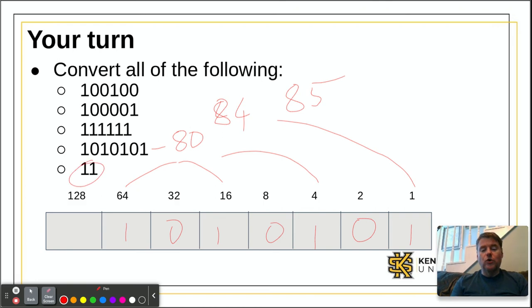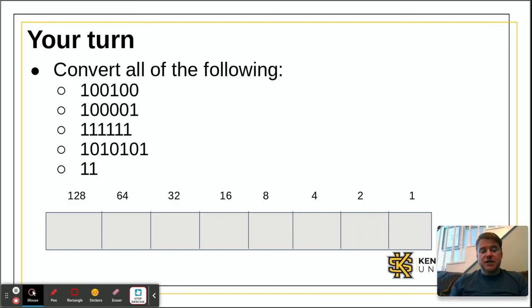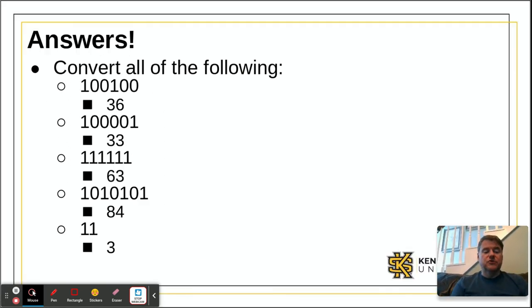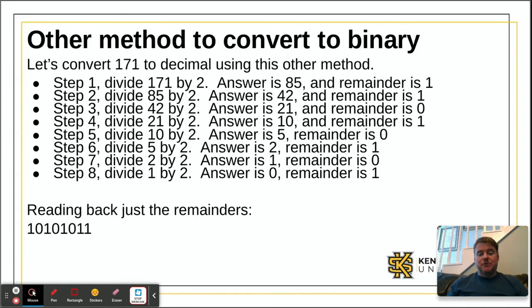And then finally 1, 1, which is going to be 3. All right, so going back and checking all of those, hopefully I got some of those right. All right, and there we go. So 3, 85, 63, 33, and 36 seems to be the right answers. All right, so that's how you convert from binary back to decimal.